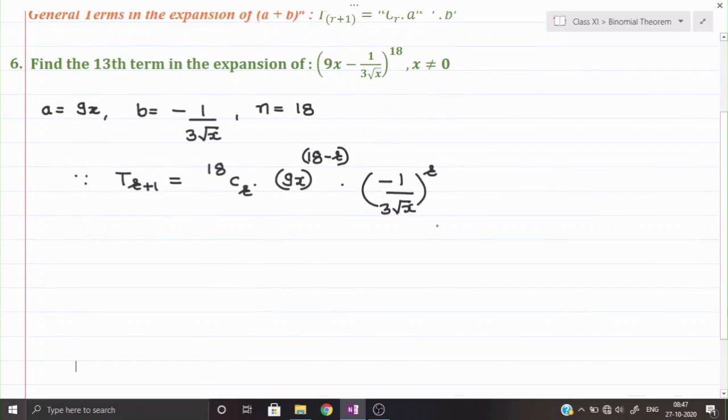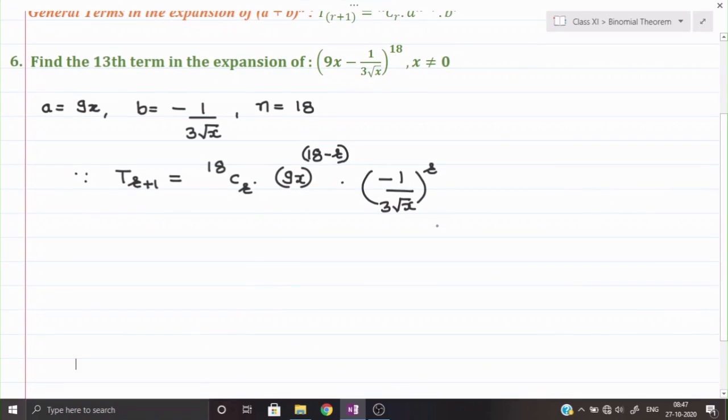Okay, second term. So now here it can be written as 18CR, we can write down as it is, into 9 to the power 18 minus r, we can separate, into x to the power 18 minus r, we can separate.